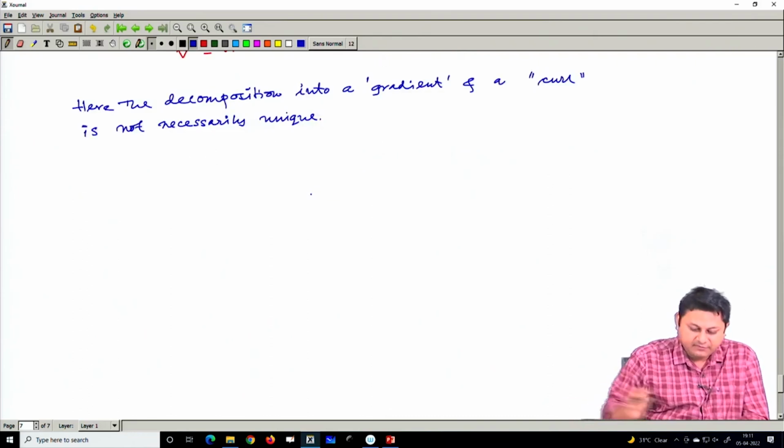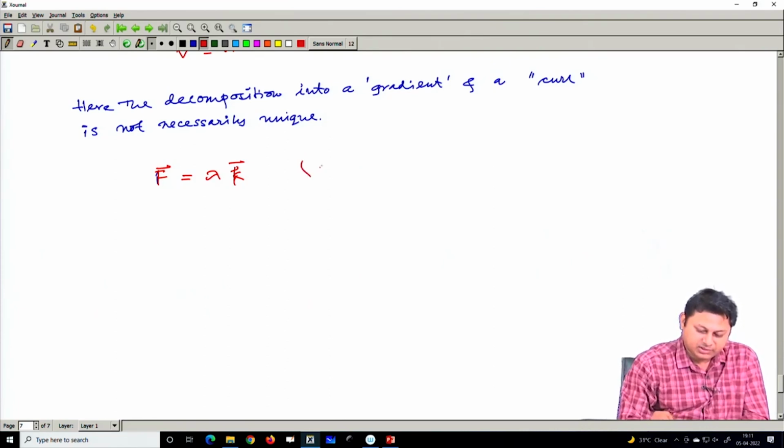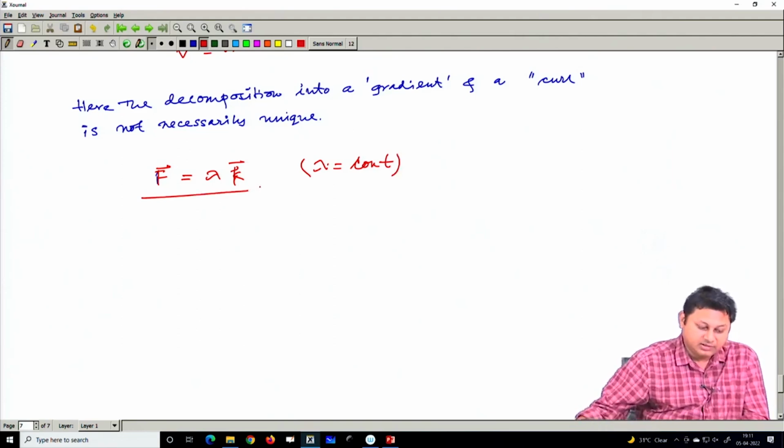An example can be given. Suppose a constant vector, simply a constant vector, lambda is a constant. So, lambda here is constant, it is given.